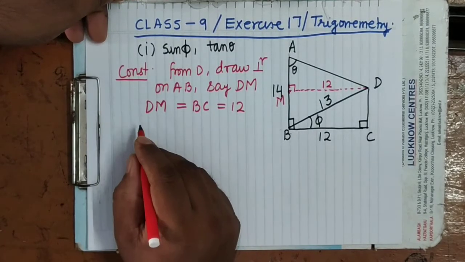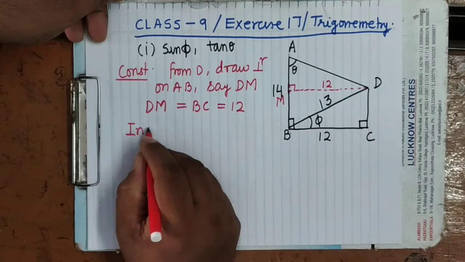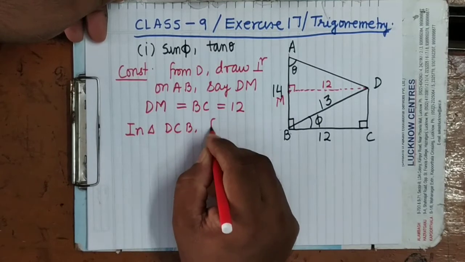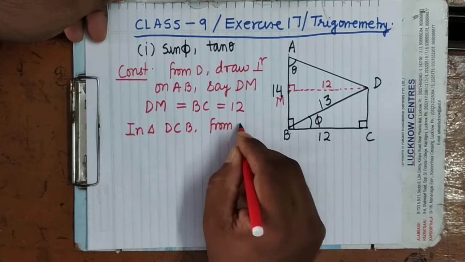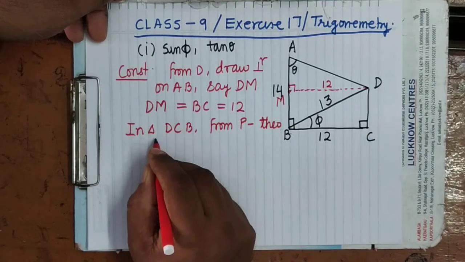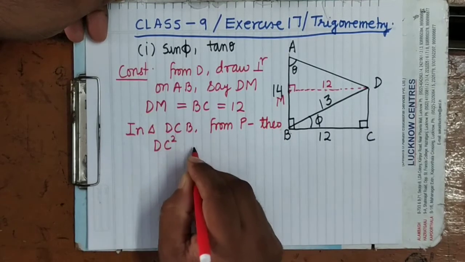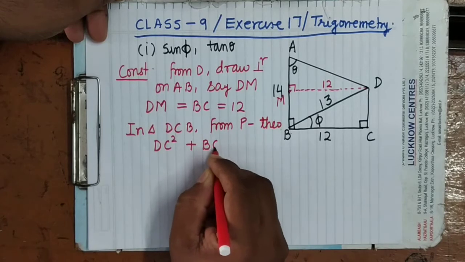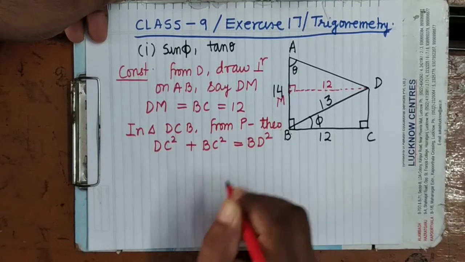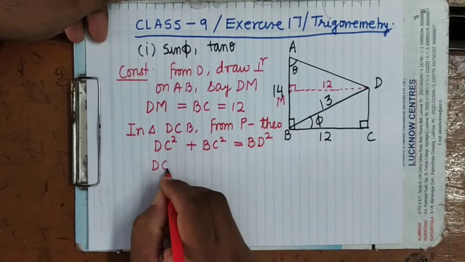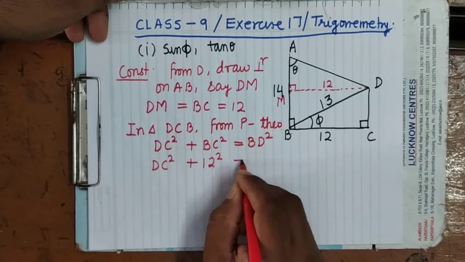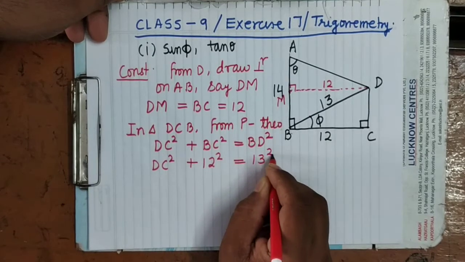It is clear. Now in triangle DCB, from Pythagoras theorem, DC square plus BC square equals BD square. Now substitute the values: DC square plus 12 square equals 13 square.